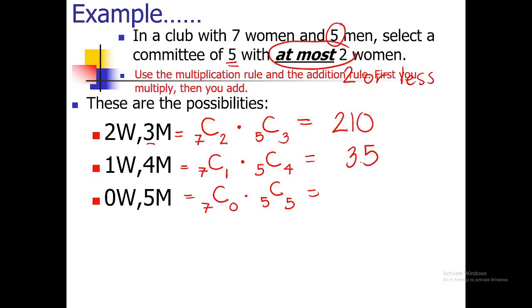And what about the last one? 7 combination 0, it's 1 times 5 combination 5. That will give us how much? 1, sir. 1. Okay. So, adding everything, how much do you get? 246, sir. 246. That is the answer to our problem.